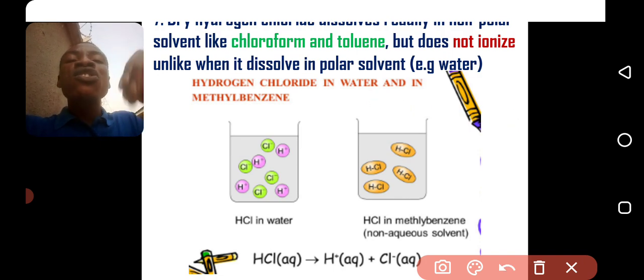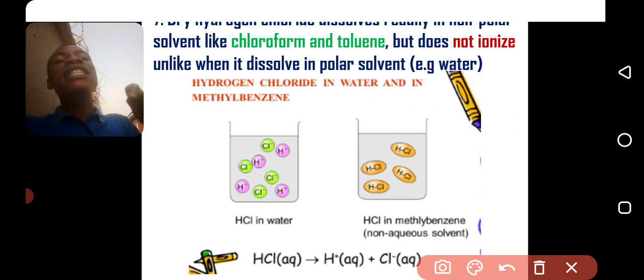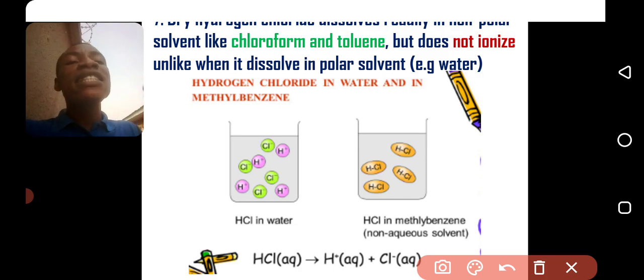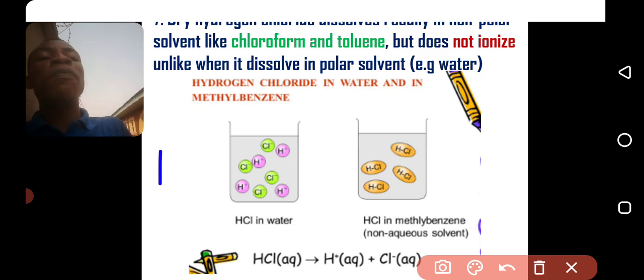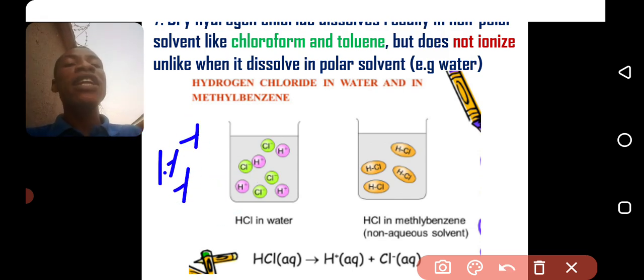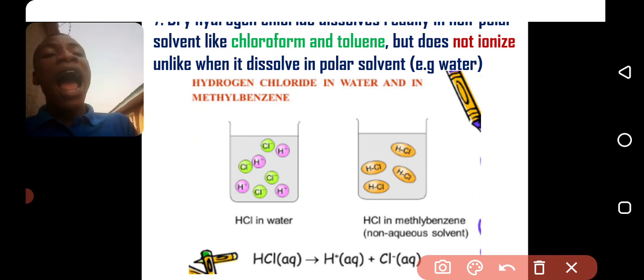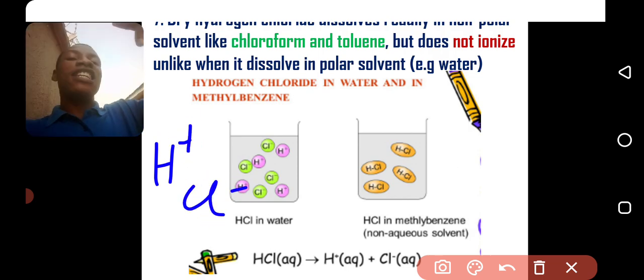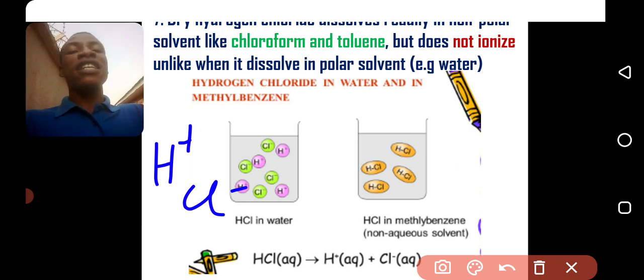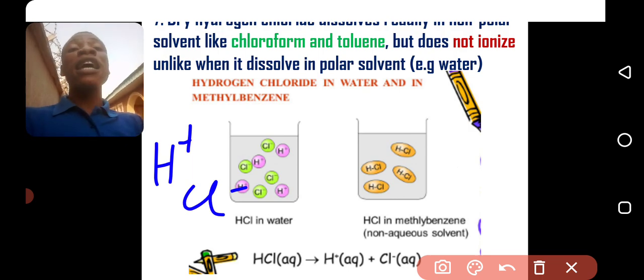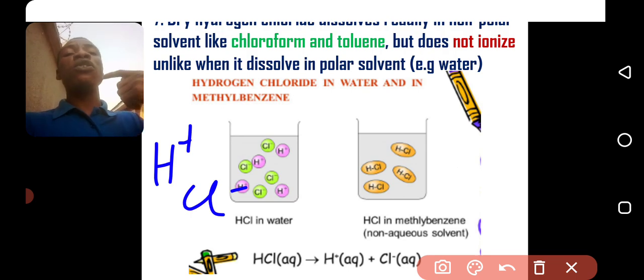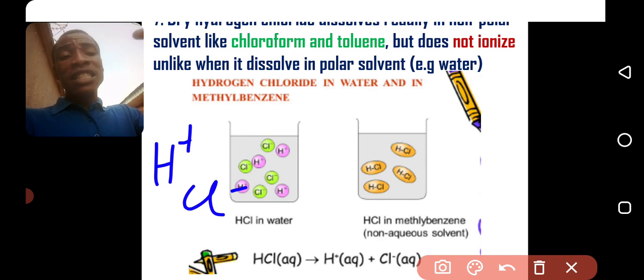However, if you dissolve HCl gas inside water, it ionizes to produce H plus and Cl minus. So in this case, if you put litmus paper inside this water, it will change color and give us a red coloration because the HCl gas ionizes inside the water as H plus and Cl minus. It will also conduct electricity because there are ions inside the water.